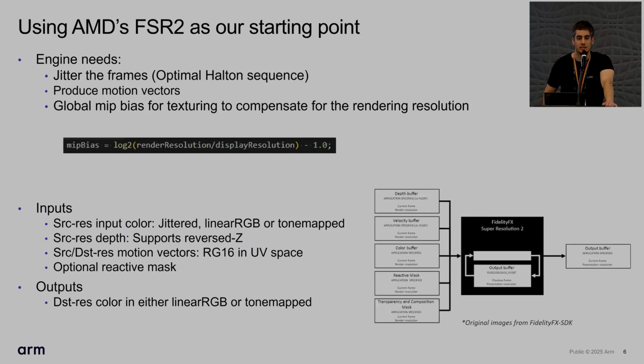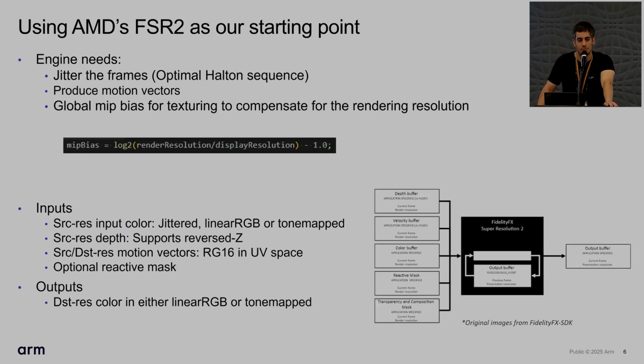In terms of the inputs and the outputs, we are pretty much the same as FSR2. You provide your source resolution, jittered input color, which can be in HDR or tone mapped. The low resolution depth, we support same as FSR2; it can be reversed Z, which is fairly common nowadays. We have some flexibility when it comes to the motion vectors: you can provide the low resolution and jittered motion vectors, but you can also provide dilated motion vectors. And optionally, we also have the concept of the reactive mask.